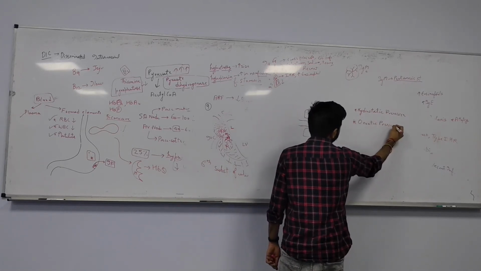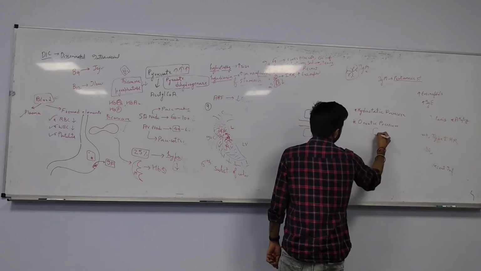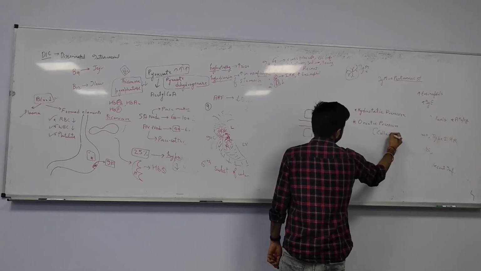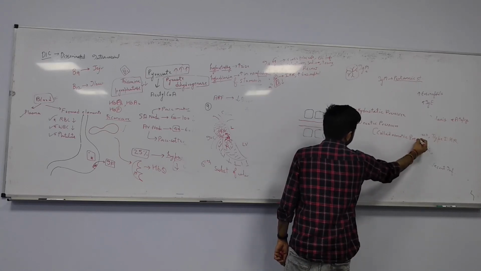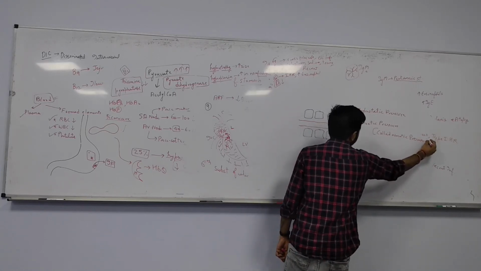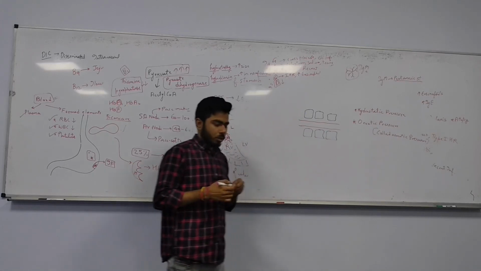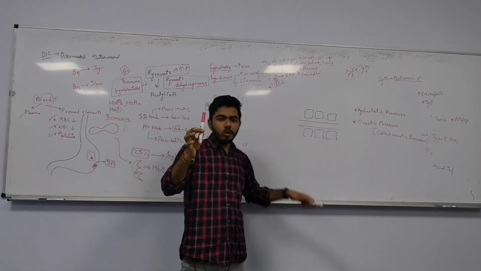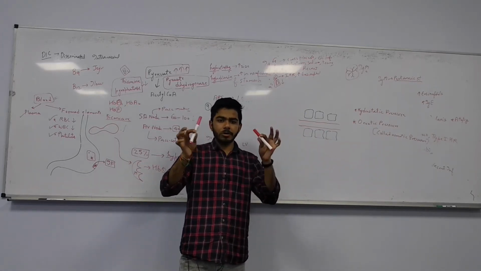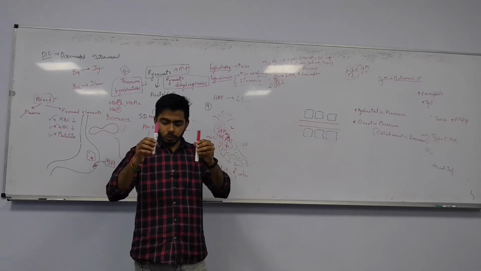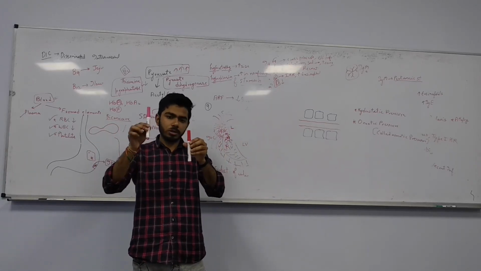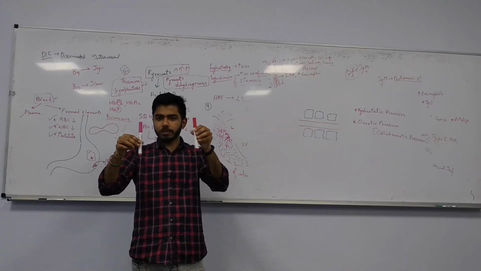We are also calling that colloid-osmotic pressure. So these two forces I am going to talk about. Now look, let's say this is the colloid-osmotic pressure, and this is the hydrostatic pressure. Usually there is a balance between the colloid-osmotic pressure, that is the oncotic pressure, and the hydrostatic pressure.